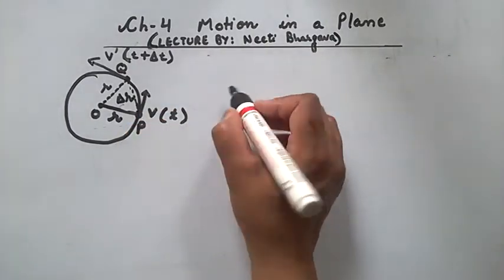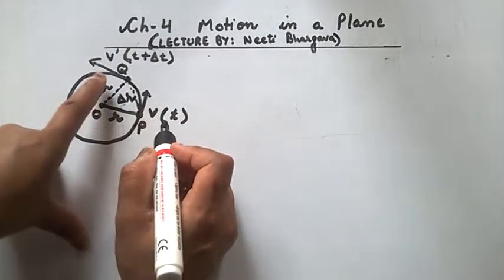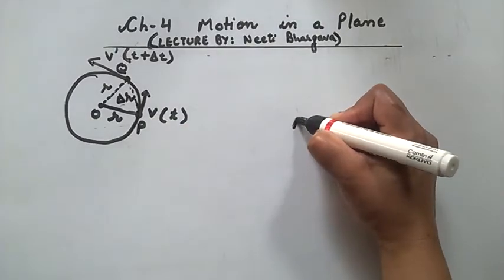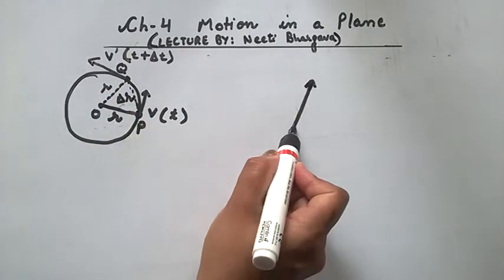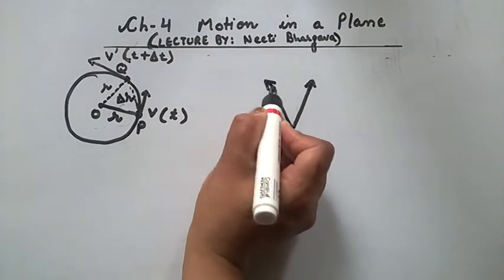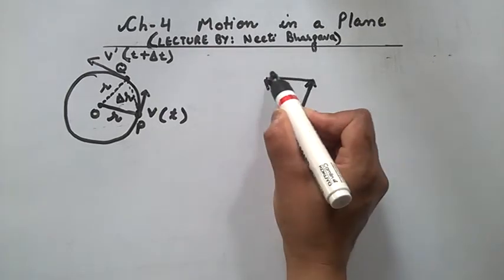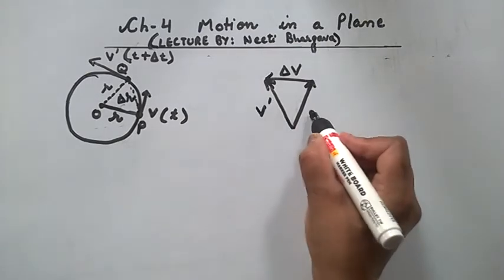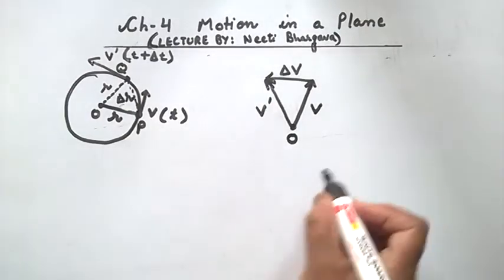Now let's draw this triangle again in terms of the velocity of the particle. This velocity v is in this direction, and v dash is in this direction. Therefore, the resultant change in velocity is del v, and this is the origin.